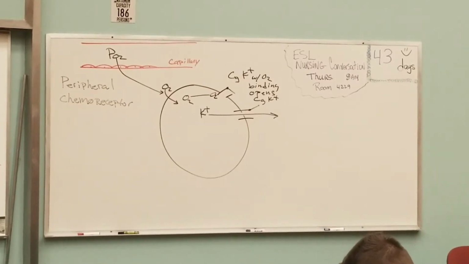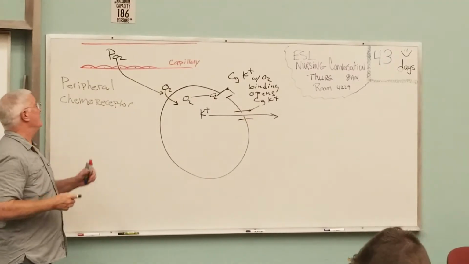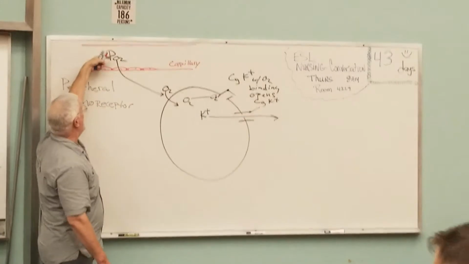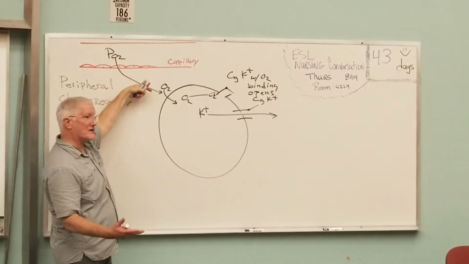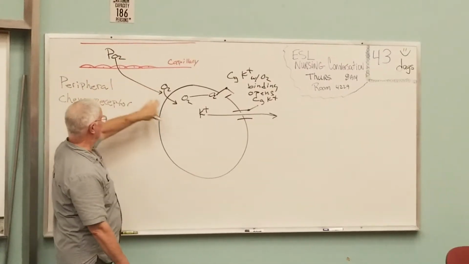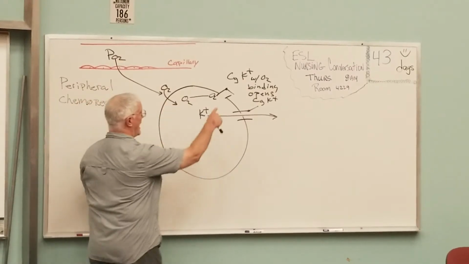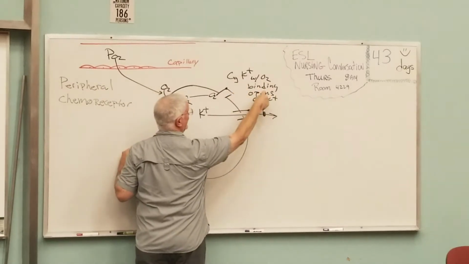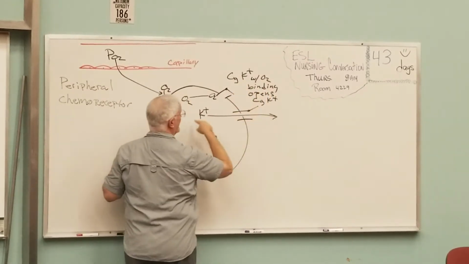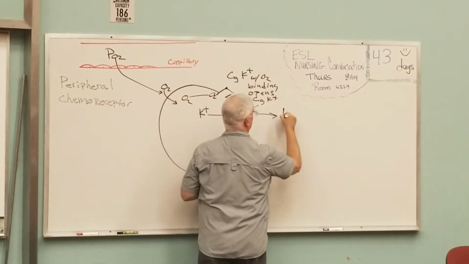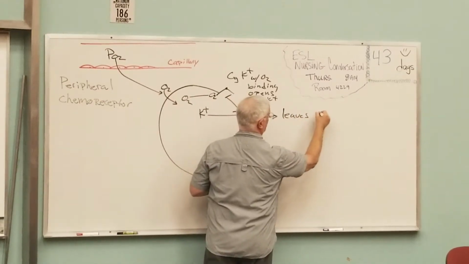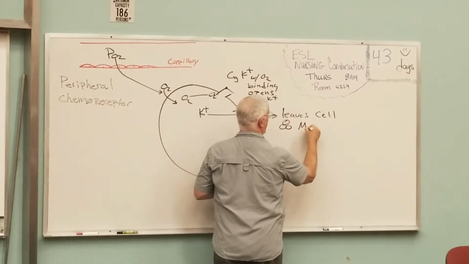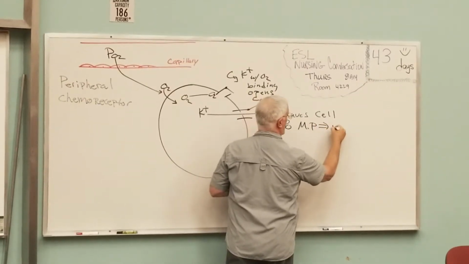Okay. So let's walk through this again. Peripheral chemoreceptors respond to O2 in a normal fashion. When O2 comes to a peripheral chemoreceptor, the O2 can bind to a chemical gated potassium channel, and with that O2 binding, it opens the chemical gated potassium channel, potassium leaves the cell, and therefore MP becomes more negative.